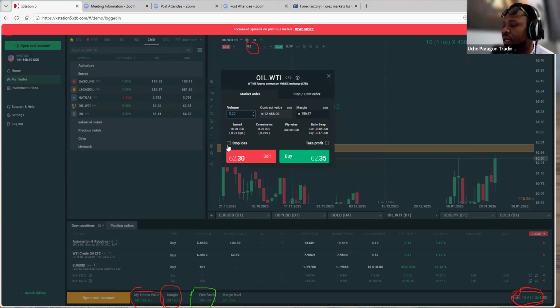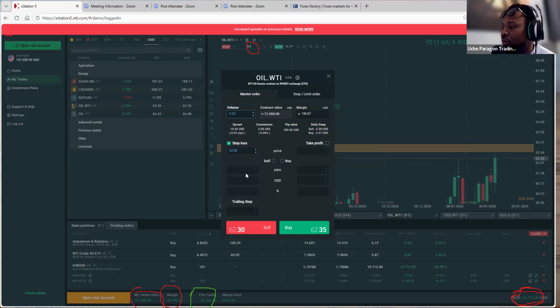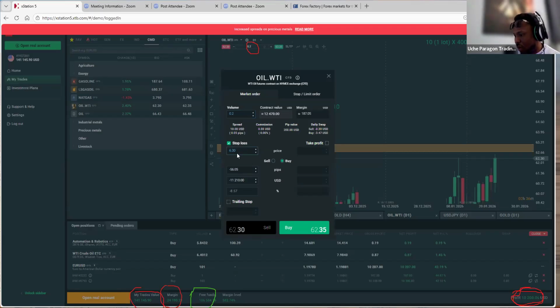Yeah, perfect. On some platforms you could put your stop loss. Let's say now the market is at 62.30, and I put my stop loss at 61.30, but I have to put it on negative.